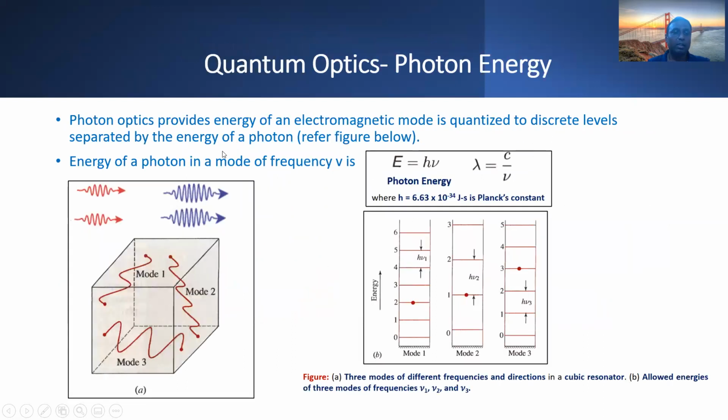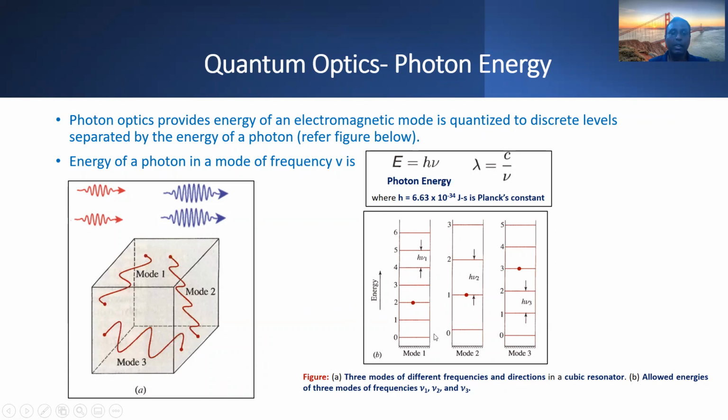The energy of an electromagnetic mode is quantized to discrete levels, separated by the energy of a photon, as shown in the figure below. The energy of a photon in a mode of frequency v is E equals hv, where lambda is c over v, and h is the Planck constant, which is 6.63 times 10 to the power minus 34 joule seconds.